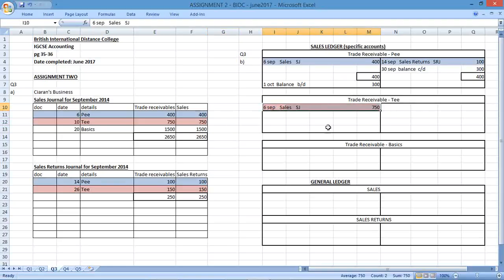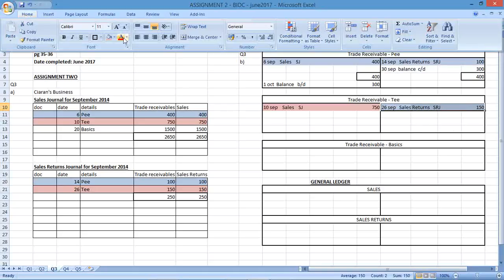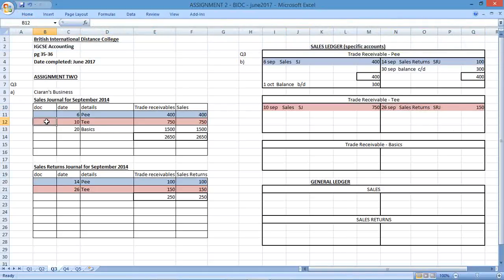So that debtor's account will be going up, and that debtor account will go down when they return. So the date to change here, though, this is the 10th. And this was the 26th. The return was 150. So again, there's the sale, increases the receivable. There's the return, decreases the receivable. Then I need to do my balancing.